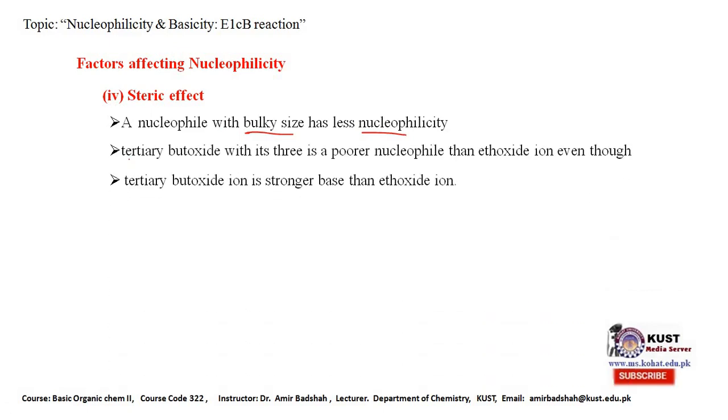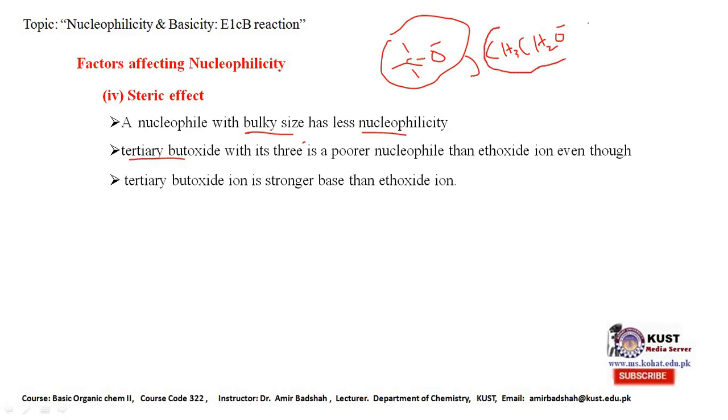For example, tertiary butoxide, which has three alkyl groups, and on the other hand ethyl oxide, CH3CH2O negative. Here the size of the tertiary butoxide is larger compared to the size of ethyl oxide.